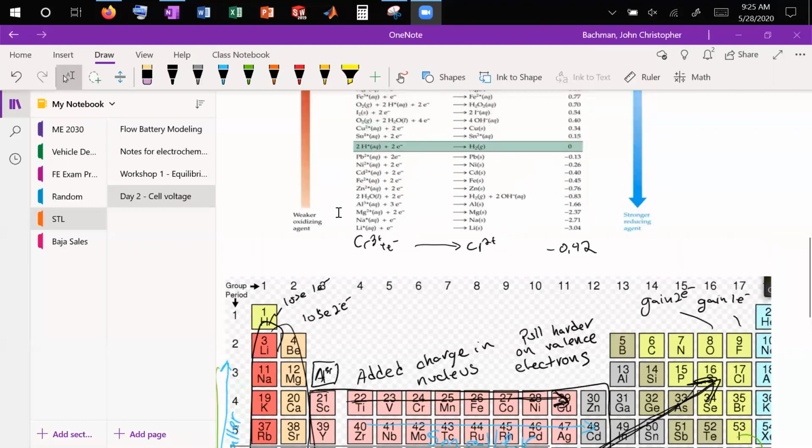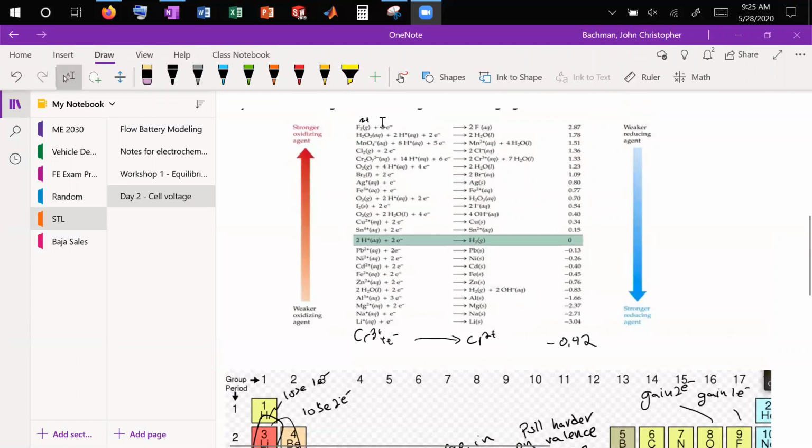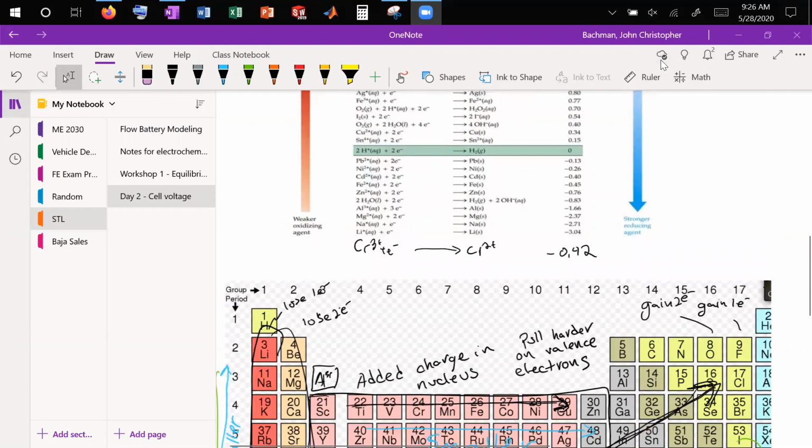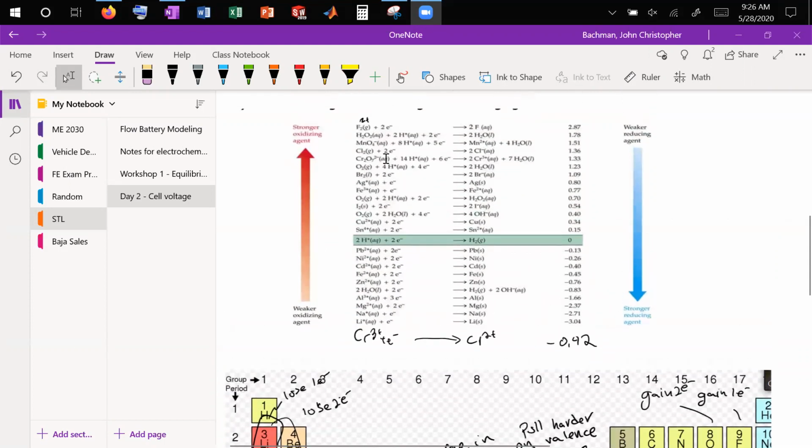And then you'll see on the very kind of electronegative end, you have stuff that's up in the top right. So you have things with fluorine, things where oxygen is being reduced, things where chlorine is going to be reduced. So you have chlorine here.